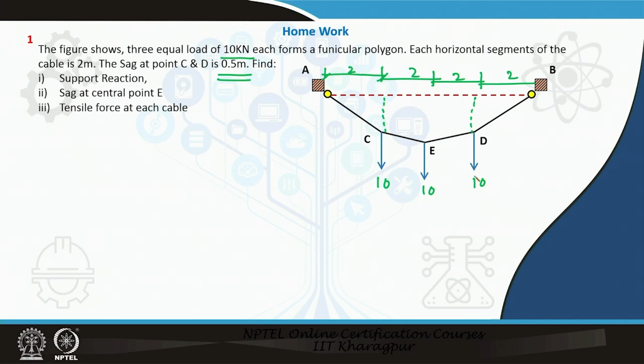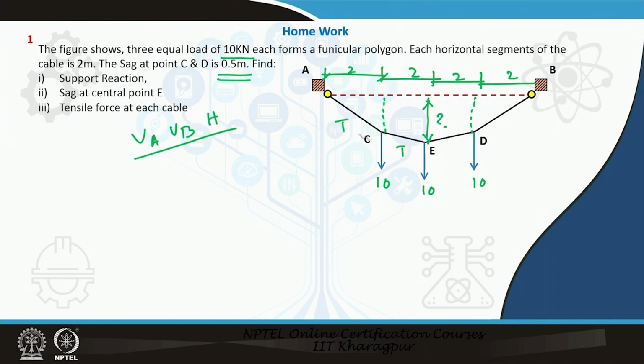Based on this input dimensions and input data, you have to find out the support reactions, that is, you have to find VA and VB and H. Here also the H will be equal for A and B, and you have to find out how much the sag is here at D, and you have to find out the tensions in each cable.